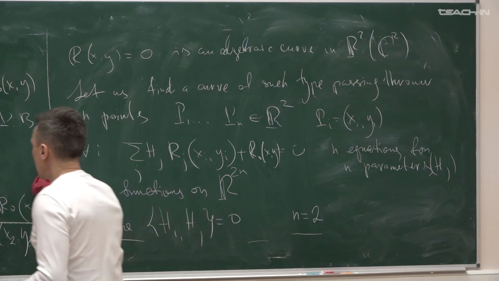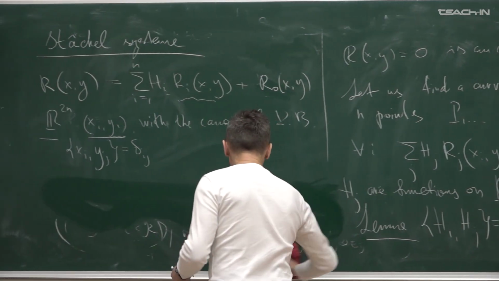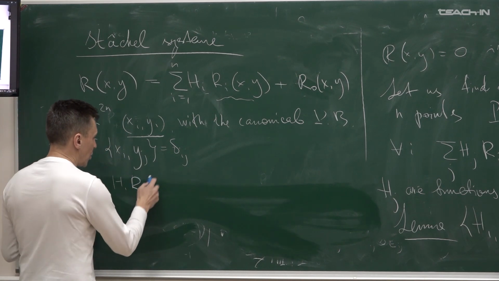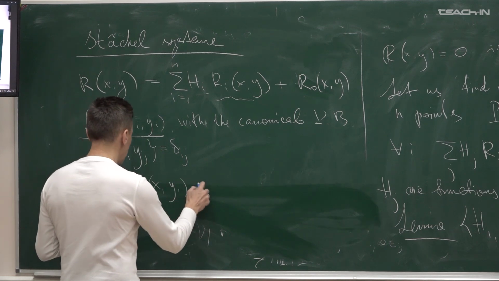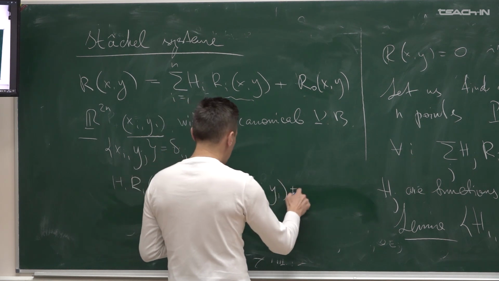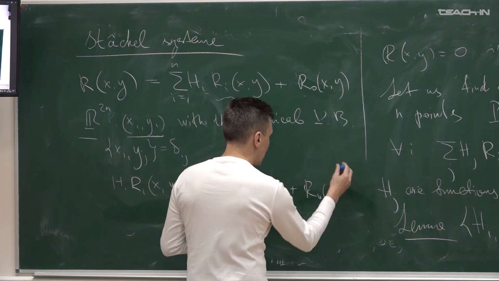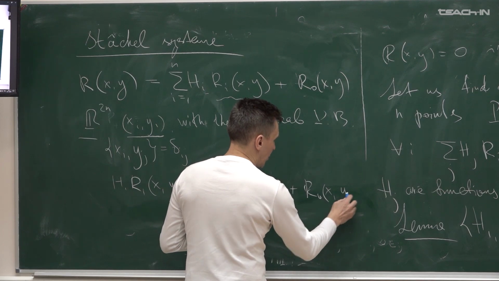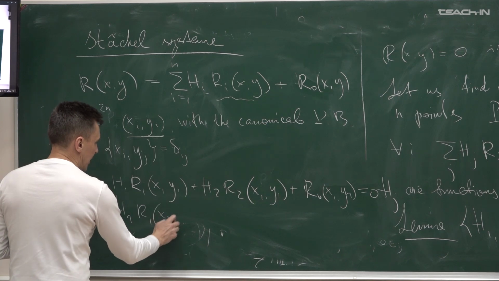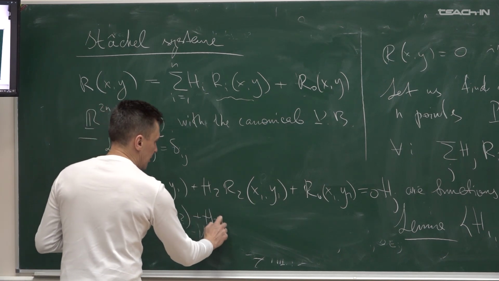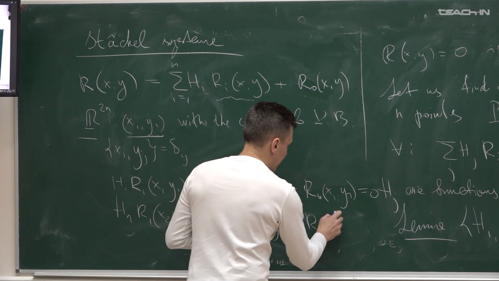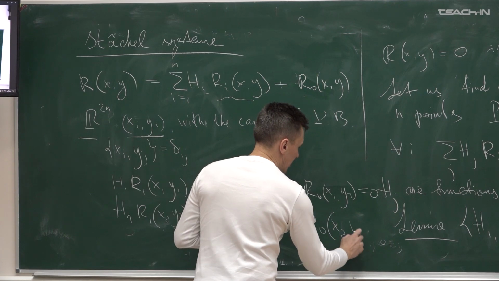You see, we have to solve such an equation. H1 R1(x1, y1) plus H2 R2(x1, y1) plus R0(x1, y1), and H1 R1(x2, y2) plus H2 R2(x2, y2) plus R0(x2, y2).